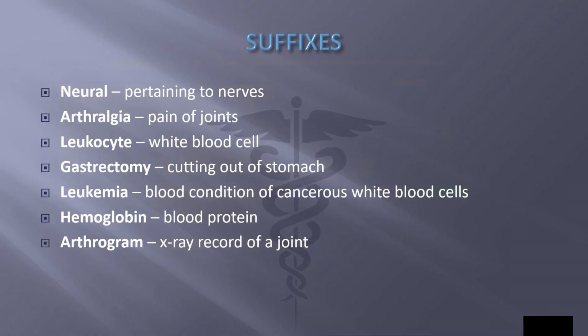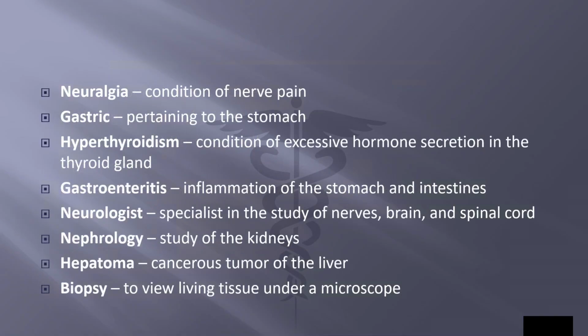Gram, this means record. So an arthrogram is an X-ray record of a joint. The letters ia, this means condition. So neuralgia is condition of nerve pain.